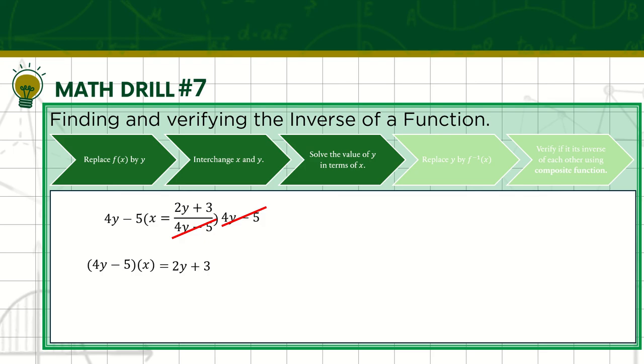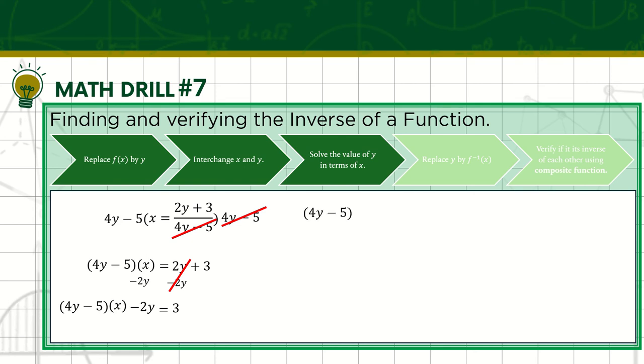After that, we need to subtract both sides of the equation by 2y to cancel out 2y and negative 2y. Now, we have the equation (4y minus 5) times x minus 2y equals positive 3.